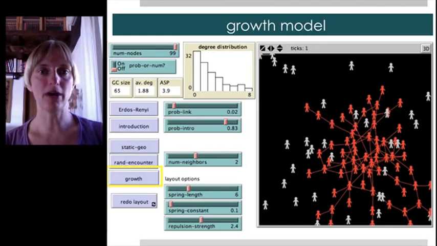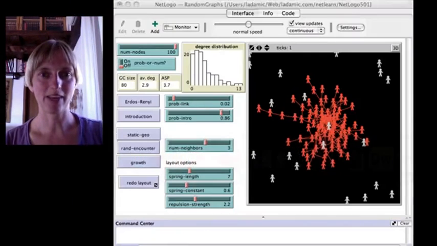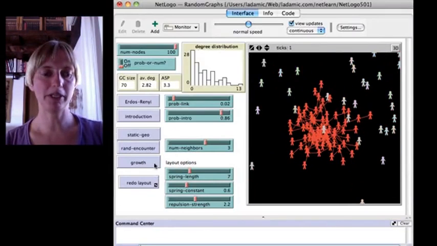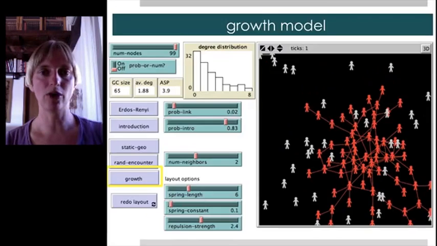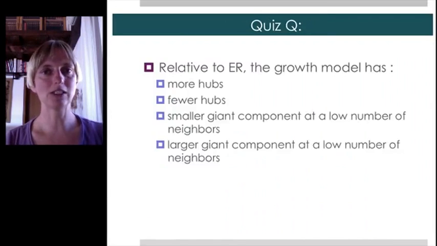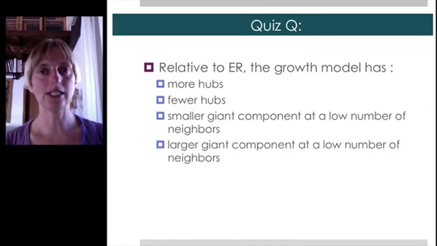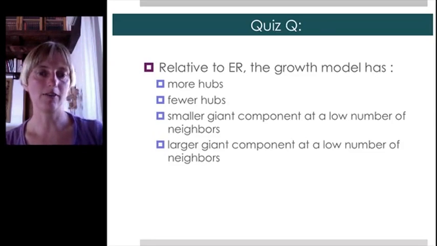So in the growth model, you just click on growth, and you're going to be similarly looking for things such as the presence or absence of hubs. So again, looking at the degree distribution, and also looking at the size of the giant component relative to the Erdős-Renyi random graph.